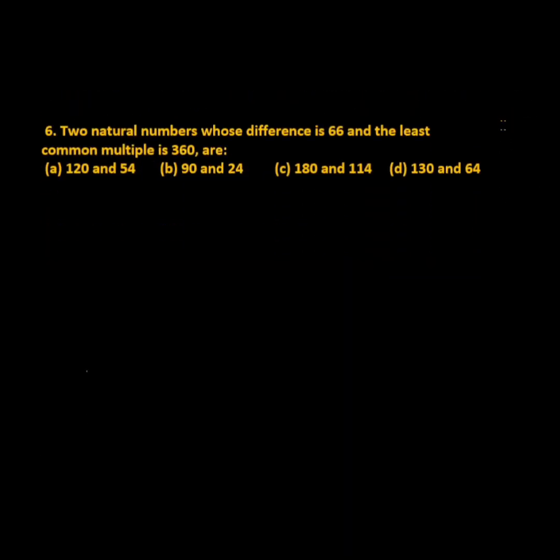Sixth question. Two natural numbers whose difference is 66 and the least common multiple is 360. So here all the options are natural numbers. First check whether the difference is 66 or not. Now 120 minus 54, we are getting 66.